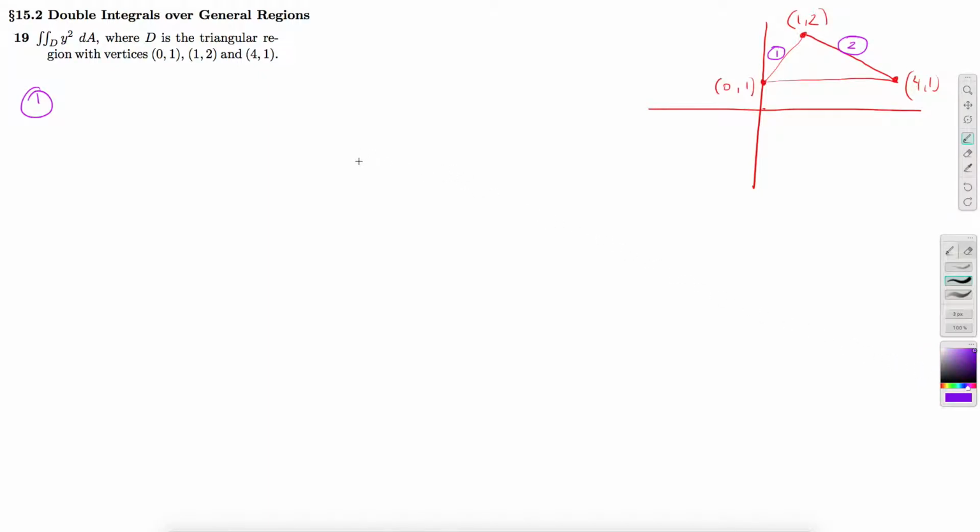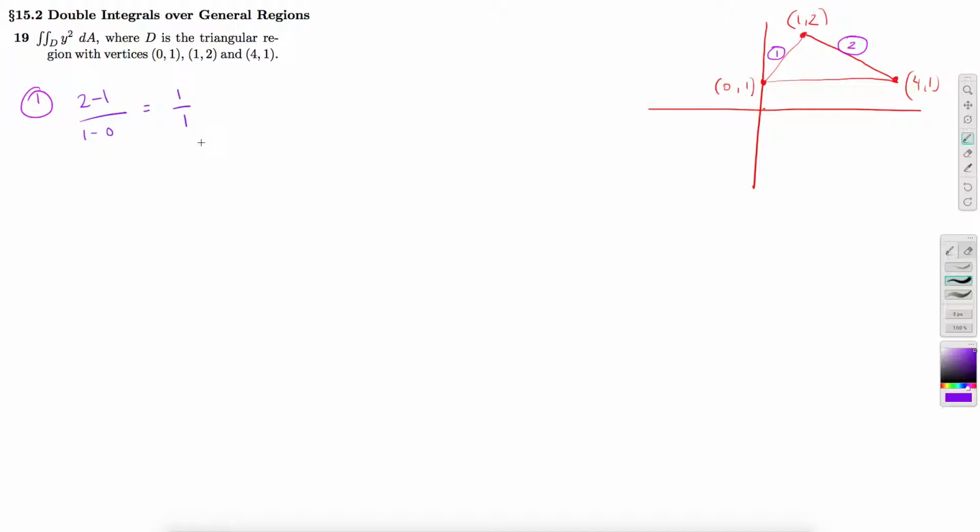So to find L1, it's just going to be 2 minus 1 over 1 minus 0, which is going to give us 1 over 1. Yes.